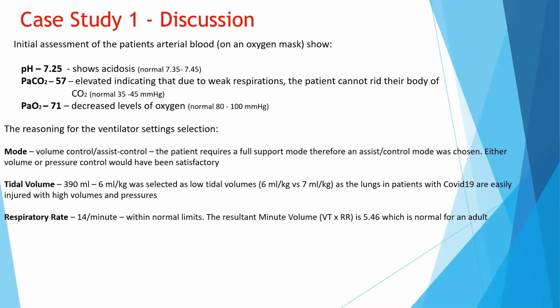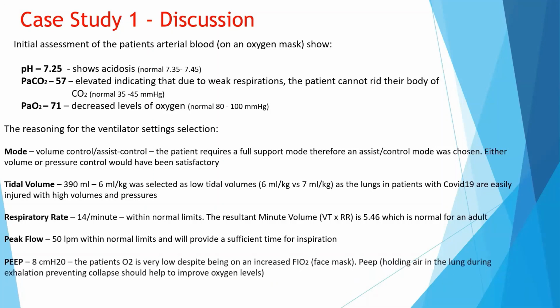Once this has been decided, the resultant minute volume was calculated as 5.46, which is normal for an adult. The peak flow, because we're on volume control, we have to set a peak flow, 50 liters per minute, which is normal, and it will provide sufficient time for inspiration.